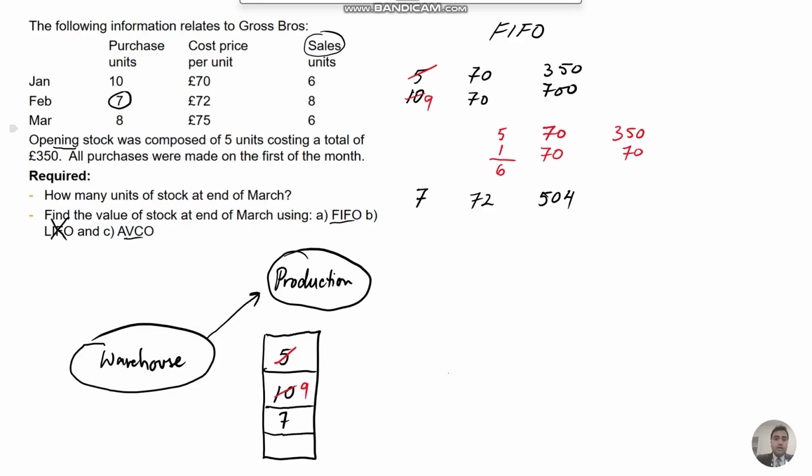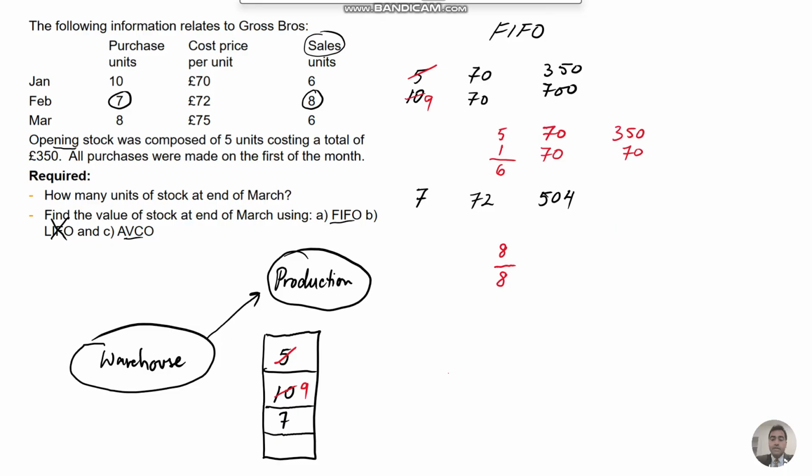Now he issued 8 units. He sold 8 units. So I'm going to change the color. So how is he going to sell those 8 units? He's going to take it from the second shelf. He has got 9 units in the second shelf. So he's going to take 8 out of those.